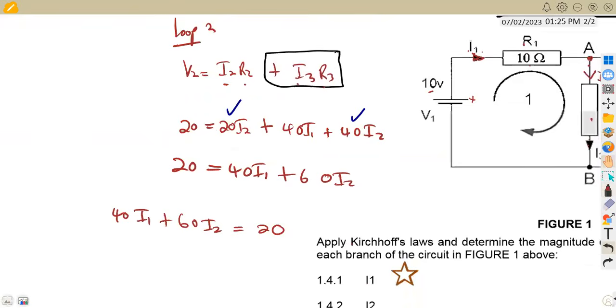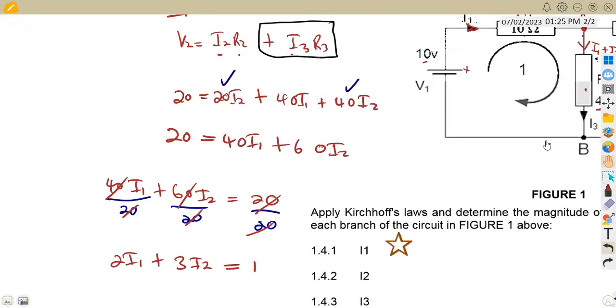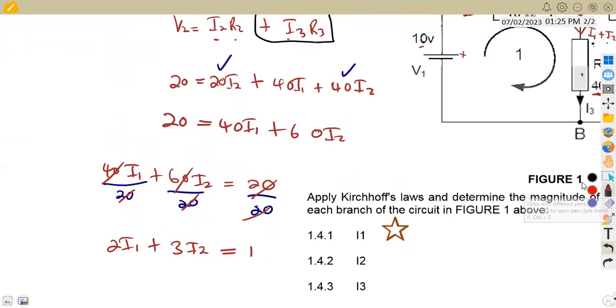As you can see, 20 is common throughout, so we can divide by 20 to work with smaller values. Yes, you can work with the bigger values, which is fine, but you can take advantage of the reduction. We are going to have 2I1 plus 3I2 equal to 1. This is the second equation that you're obtaining from the second loop.